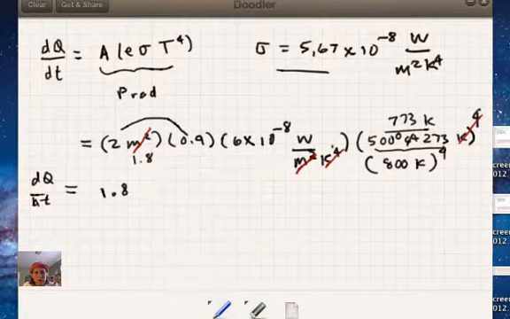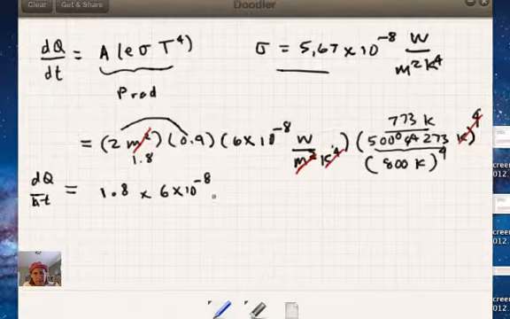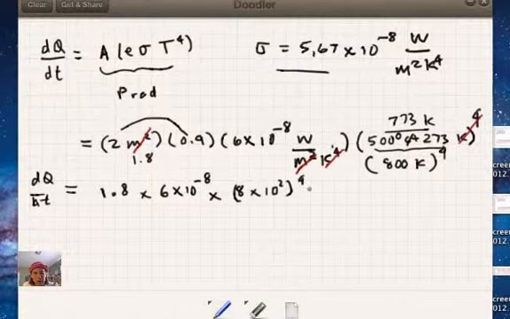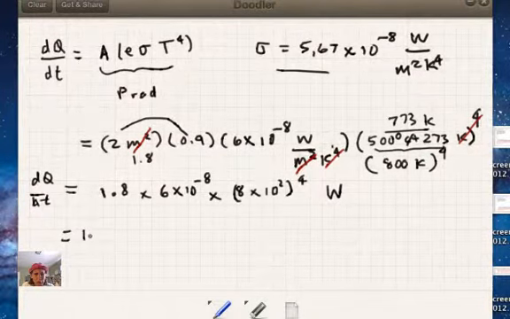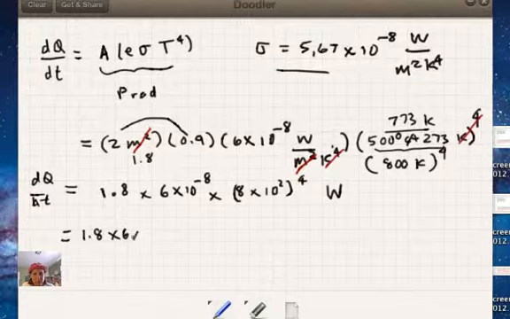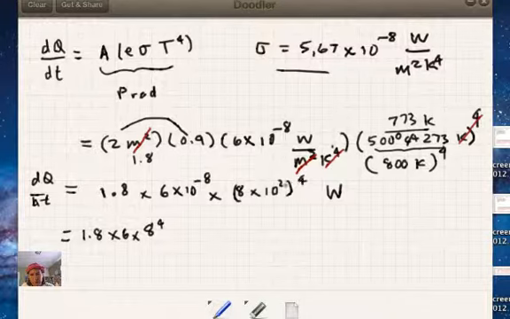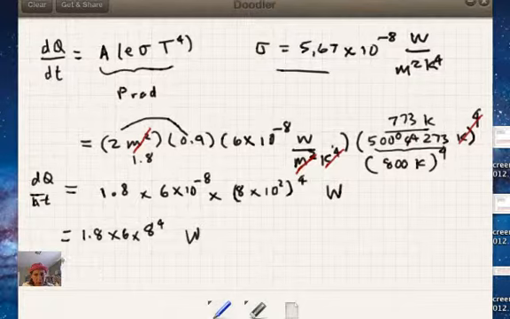So we've got 1.8 times 6 times 10 to the minus 8th times 800 to the 4th power. I'm going to write that 8 times 10 squared to the 4th power. The kelvins have canceled, so now I have watts. Notice 10 squared to the 4th is 10 to the 8th, times 10 to the minus 8th. That just cancels. So this many watts.